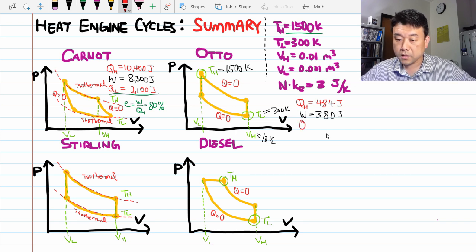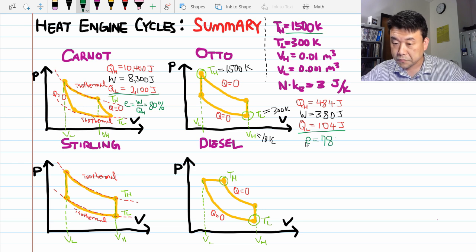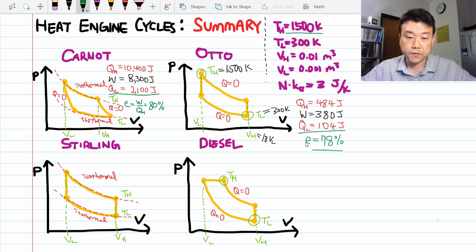And the heat exhaust is 104 joules. We can calculate efficiency as before, and it's 78%. That's interesting. So it's not too far from the efficiency of the Carnot cycle, but it is less. And that's going to be important as we go.